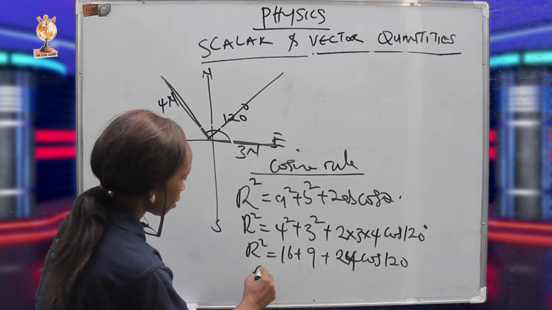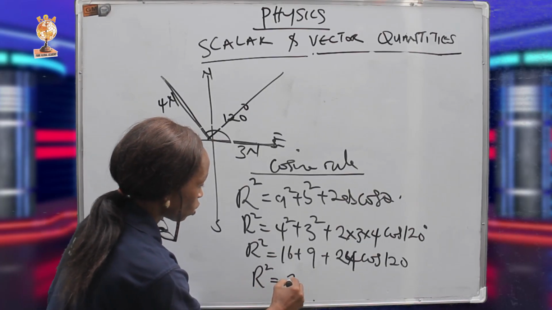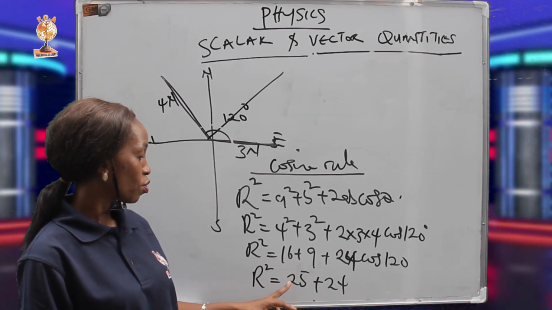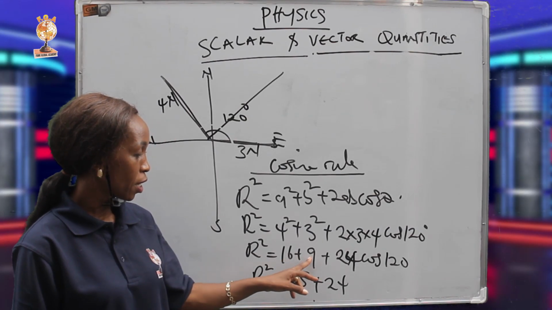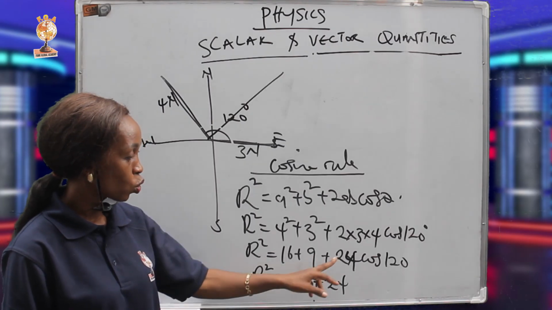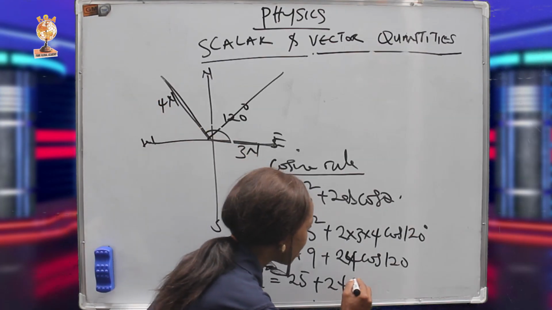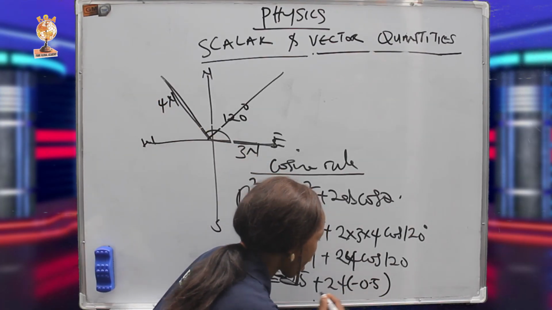R square. This is 25 plus 24 cos 120, because 16 plus 9 is 25, and cos 120 is minus 0.5.